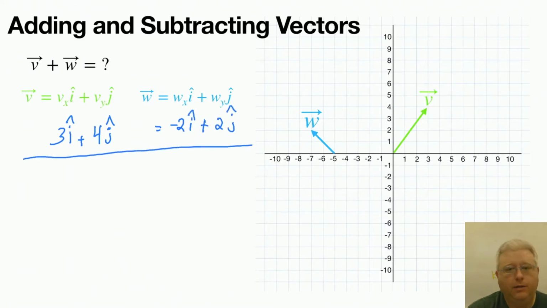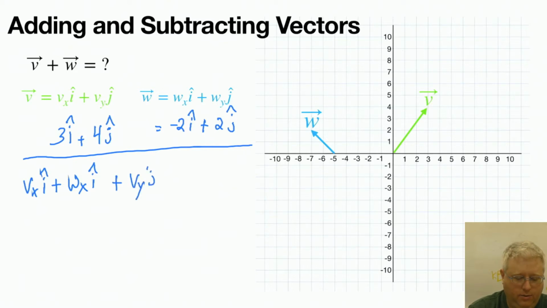Another thing we could do is combine like terms. So for instance, we can combine all the i hat terms and all the j hat terms. That would look something like this: vx, the x component of v, i hat, plus the x component of w, i hat, plus the y component of v, j hat, and the y component of w, j hat.